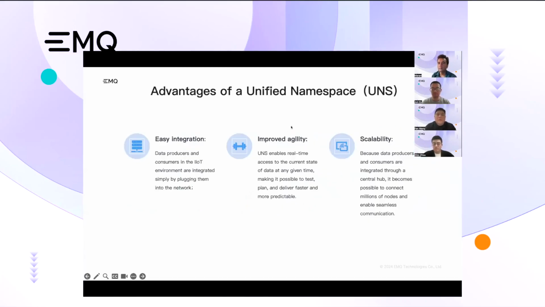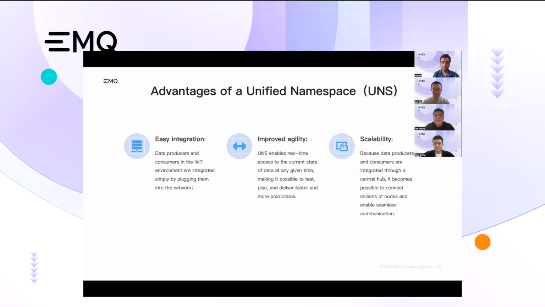There are three key advantages for the unified namespace. First one is easy to integrate. All kinds of data producers and data consumers can be connected together into a hub, and it's very easy to integrate the data, and all kinds of systems and devices can be plugged into the system at all times. And that improves the agility of the system.